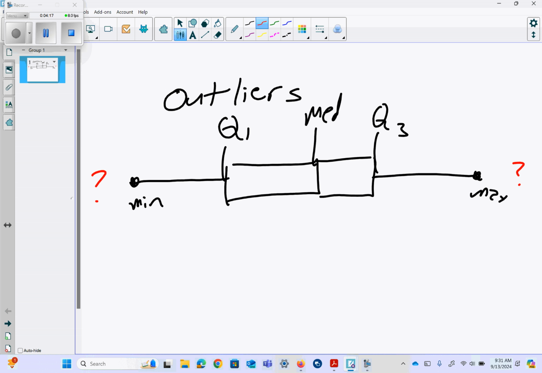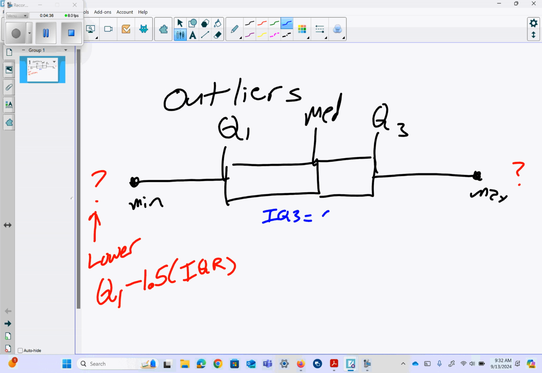So for a lower outlier, and I know I've already talked about this, I just want to go back through it, you're going to take Q1 minus 1.5 times the IQR. So remember, the IQR is just Q3 minus Q1.